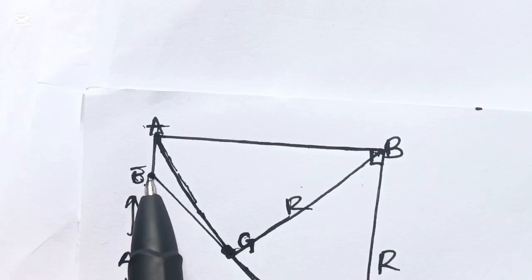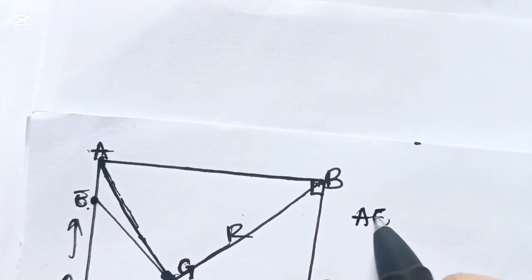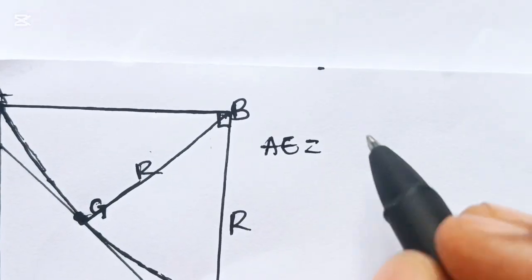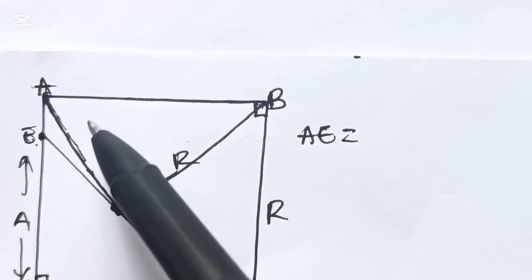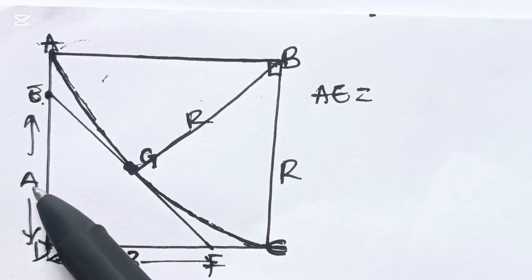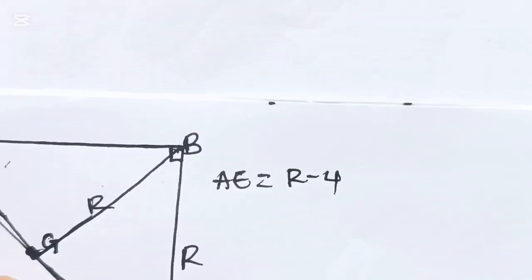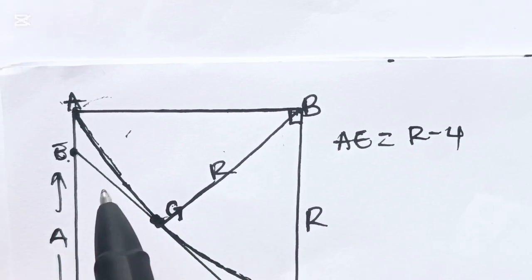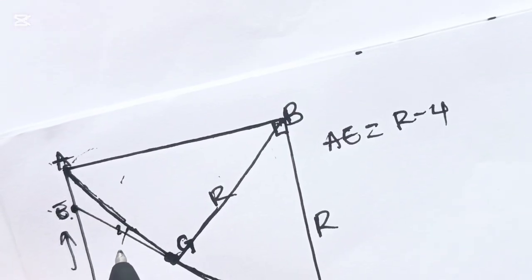Remember that from here to here is 4. The whole of this line is R. So it means that AE is R minus 4. And automatically, that means that EG is also R minus 4.